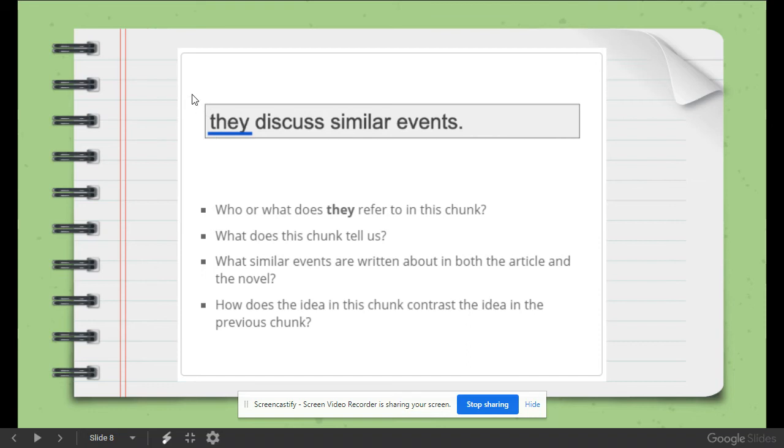So they refers back to the article and the novel. Although the article and the novel focus on different parts of the journey, the article and the novel discuss similar events. Instead of being repetitive, the author is using the pronoun they to replace the article and the novel.